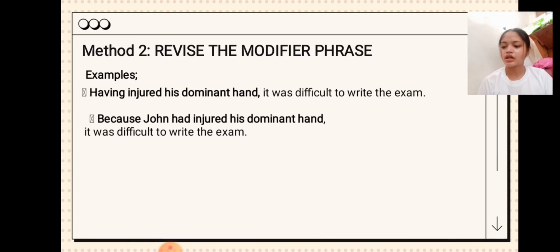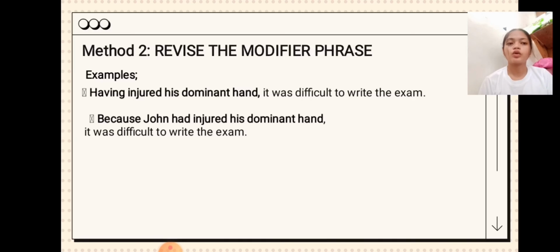When we correct this one, we revise the modifier phrase. Our modifier phrase is having injured his dominant hand. We put because plus the subject, and it became: because John had injured his dominant hand, it was difficult to write the exam.